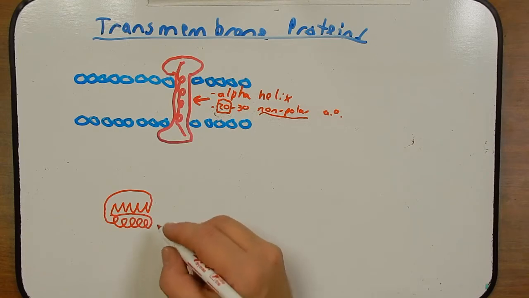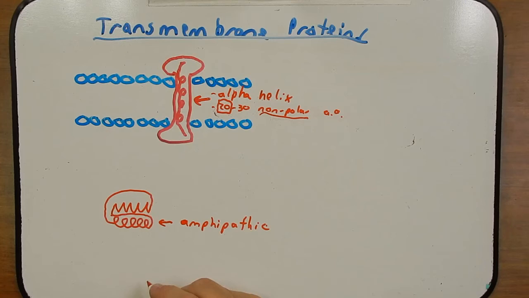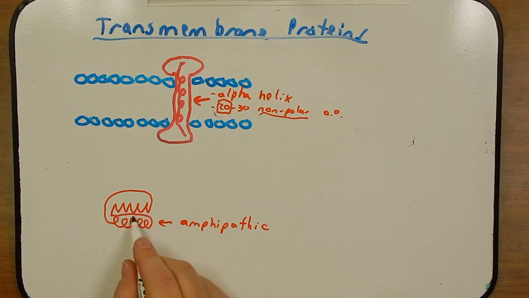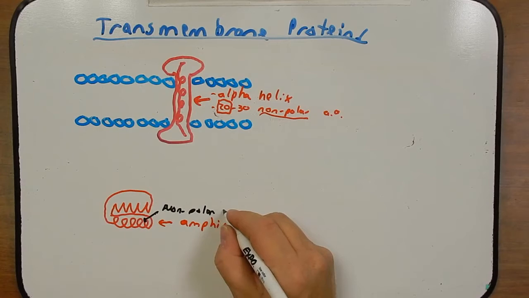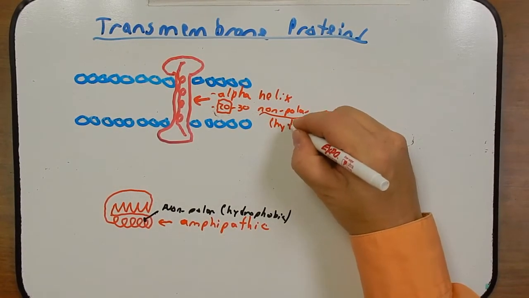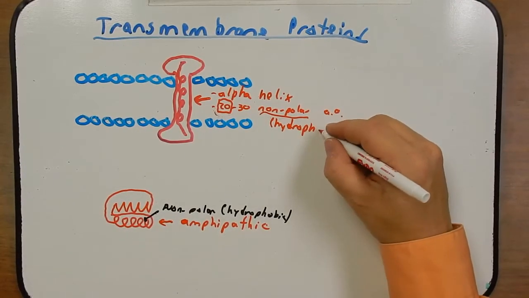The reason that in those cases that we were talking about, that it was amphipathic, is that this half of the alpha helix, this half here that's in the middle of the protein, would have to be nonpolar or hydrophobic. I should put that up here too, just so we keep that in mind, that we will often interchange these words, hydrophobic and nonpolar.